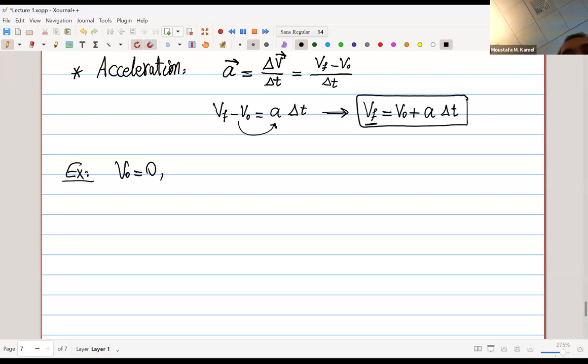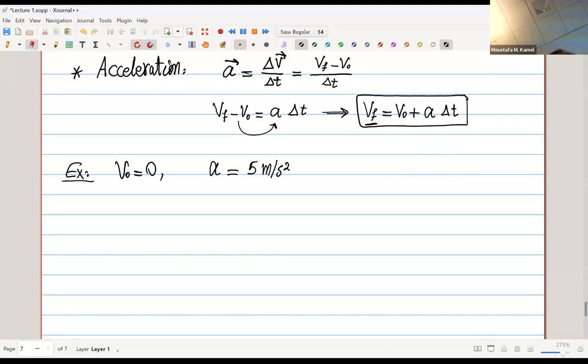And let's say you accelerate your car with a rate, let's see, 5 meter per second squared. By the way, meter per second squared just means meter per second every second. So it's just velocity change every second. So we write it as meter per second squared.